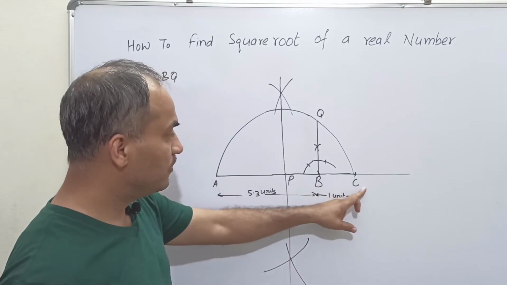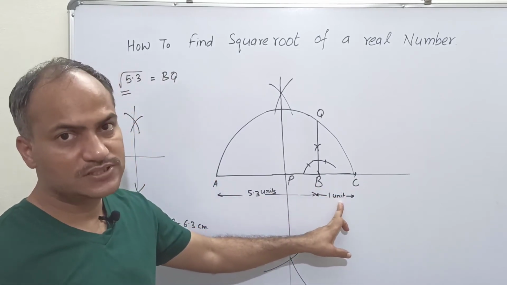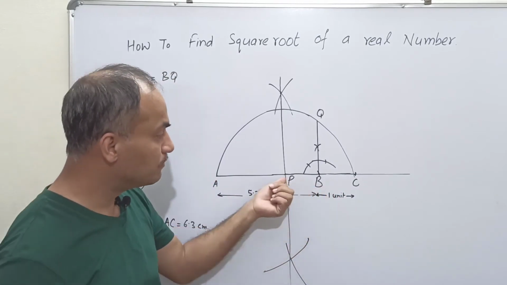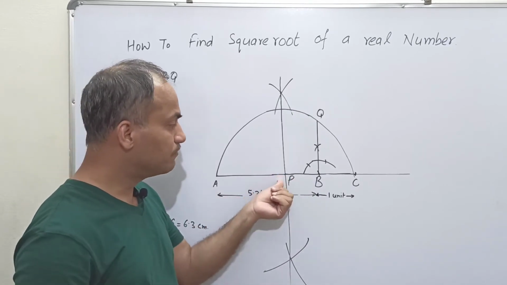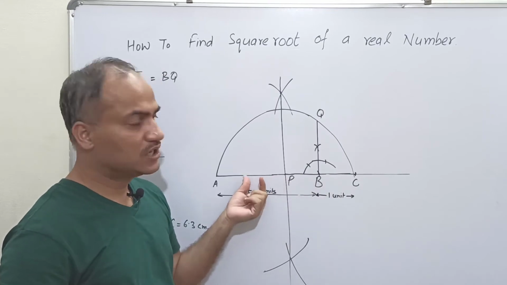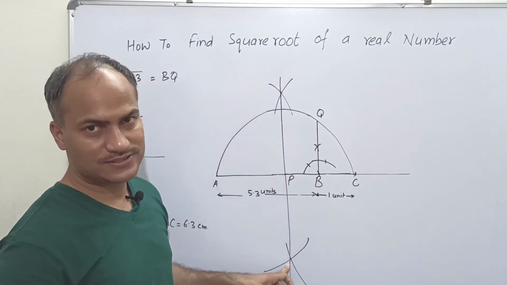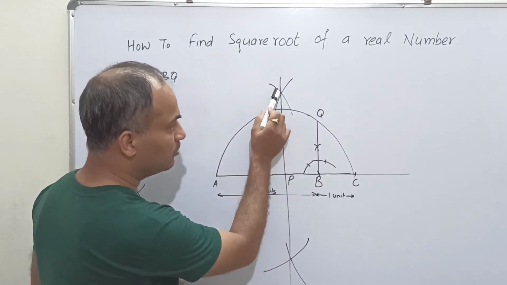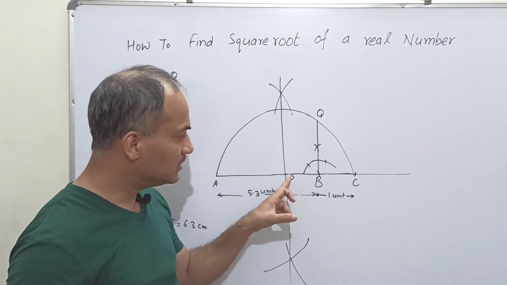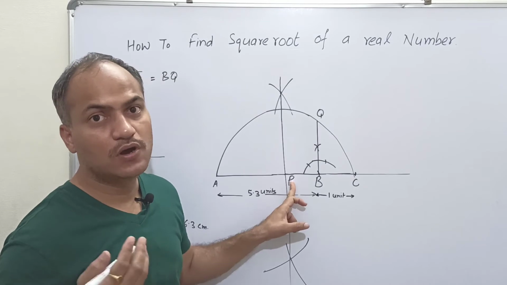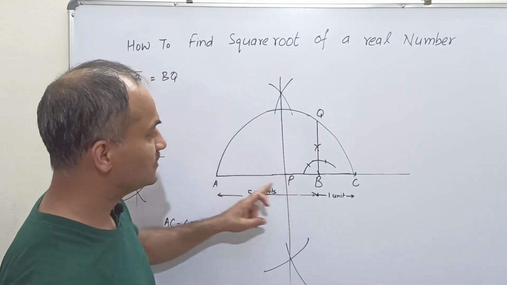Now AC will be 5.3 plus 1, which means 6.3. Now we have to find the midpoint of this AC, so we draw the perpendicular bisector, which cuts AC at point P. This P is now the midpoint of AC.